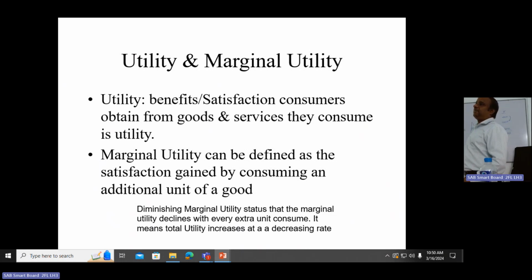Goods and services are products which have the capacity to give satisfaction. By consuming those products, we get satisfaction. That is the nature, so we assume that utility is there. The extra satisfaction given by an additional unit of goods is called marginal utility.